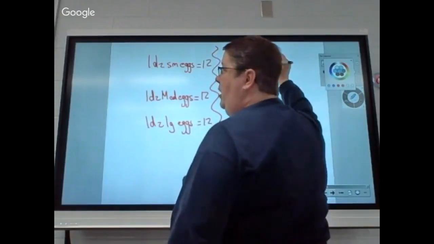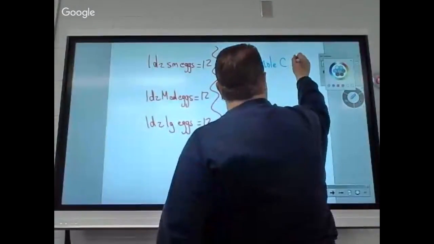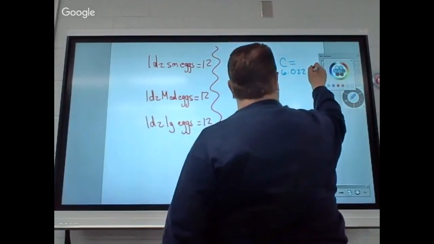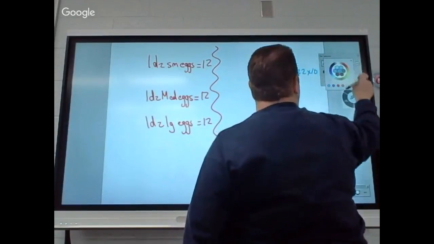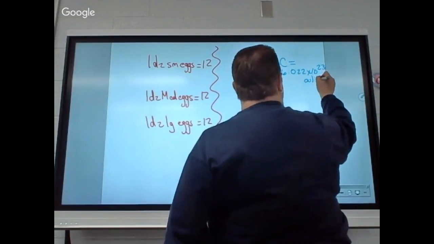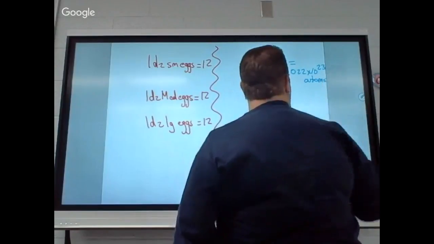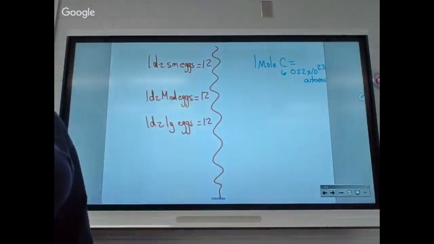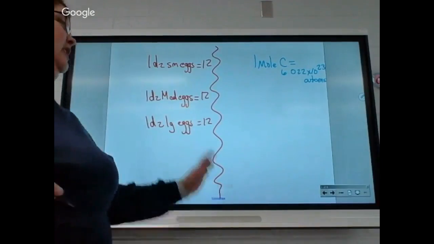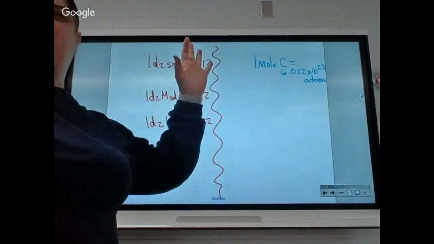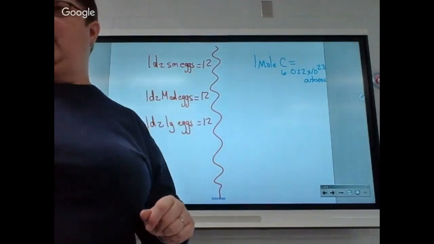Let's say a mole of carbon is equal to 6.022 times 10 to the 23rd atoms. So it's a little bigger than 12, okay? It's huge. Take the decimal out, 6022 with 20 zeros, okay?